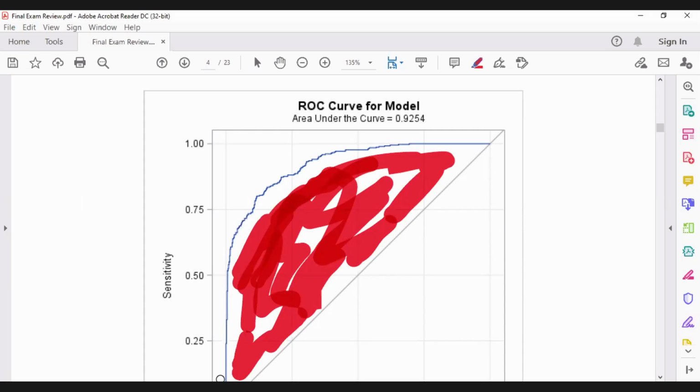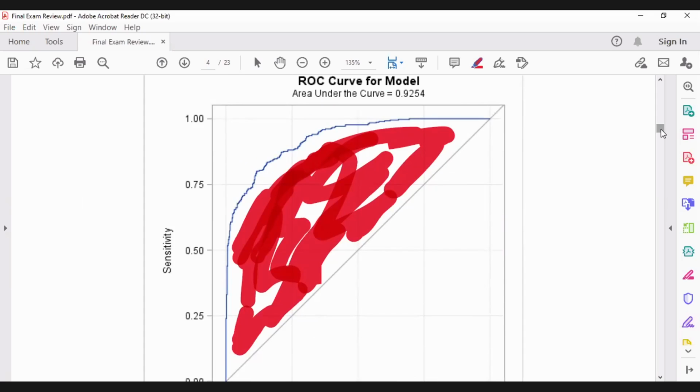The ROC curve is this concave function, and it is limited by the diagonal line, which is at 45 degrees. So this area under the curve is equal to 0.9254. For a very good, accurate model to distinguish between y equal to 1 and y equal to 0, the area under the curve should be equal to 1.